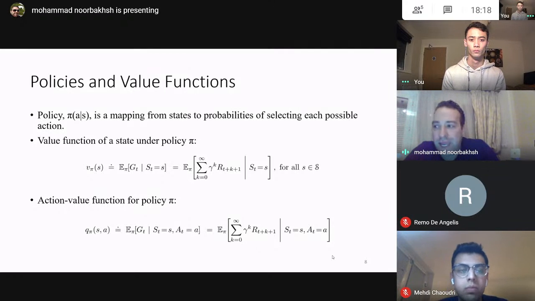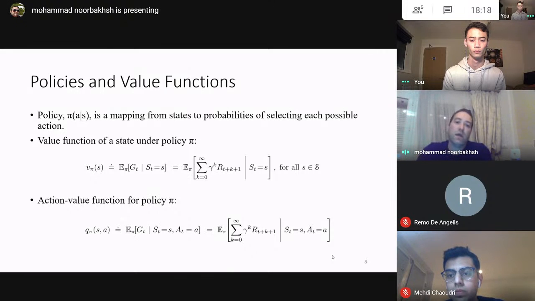So the responsibility of the agent is to explore the environment and take various actions, and then it receives some rewards and records everything in its policy. So that policy actually is a mapping from states to probabilities of selecting each possible action.